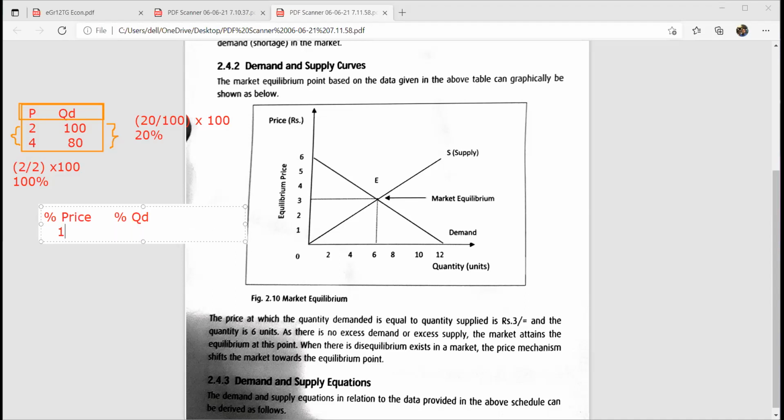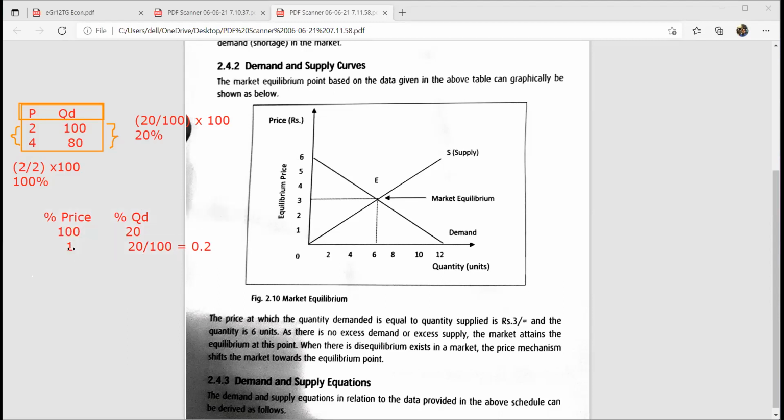The price changed by 100%, quantity demanded changed by 20%. So when the price changes by 1%, quantity demanded changes by 0.2%. So this is the relationship.